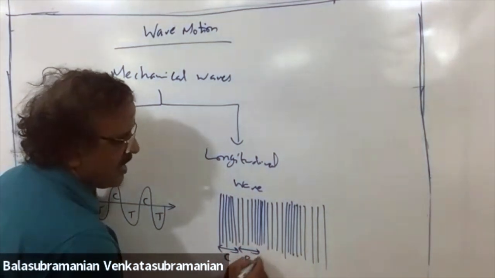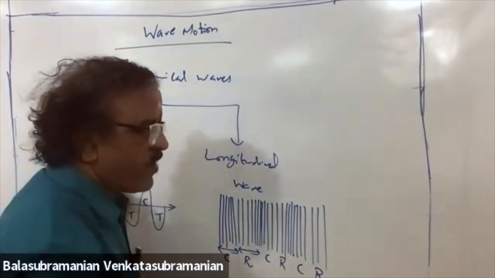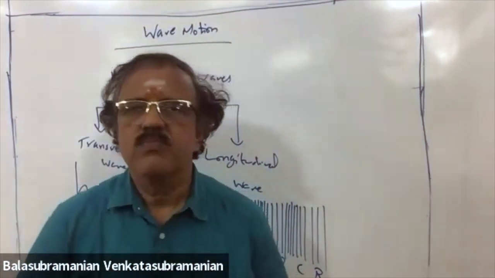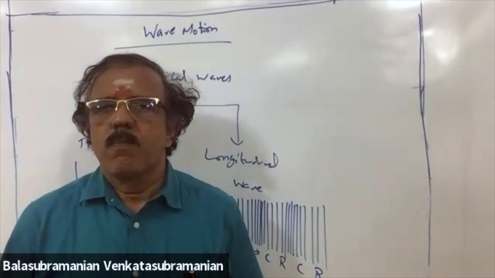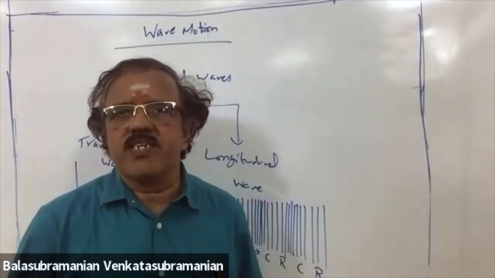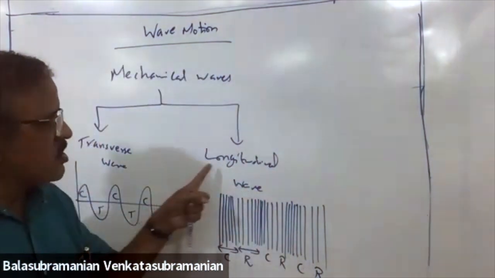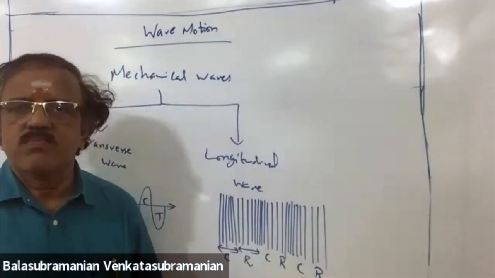This is called a rarefaction. Again, compression, rarefaction, compression, rarefaction. So wave motion as well as particle vibration are both in the same direction. That we call longitudinal wave motion.